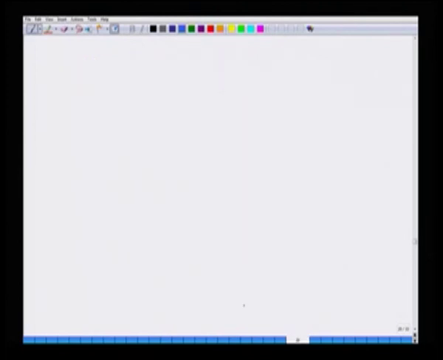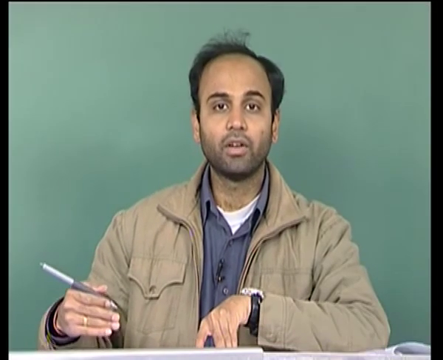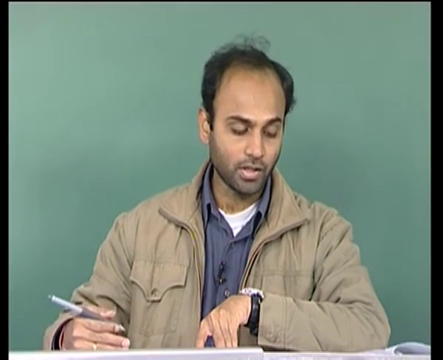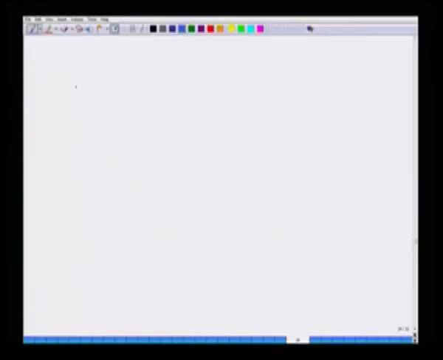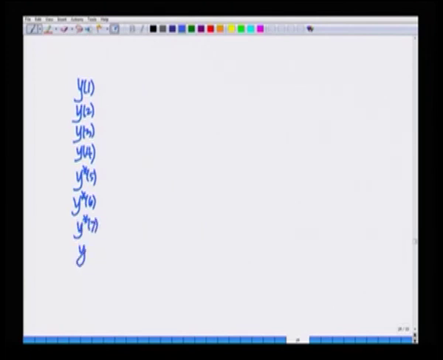Proceeding similarly, I will not go through each and every simplification. I am going to directly write how the final system looks like. In the final system, I stack y1, y2, y3, y4, and y5 conjugate, y6 conjugate, y7 conjugate, y8 conjugate.